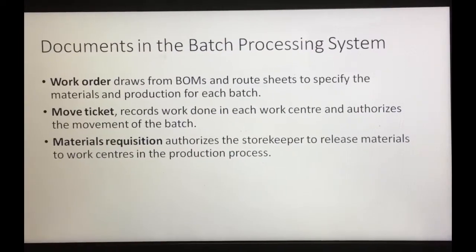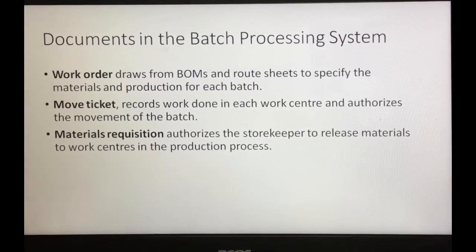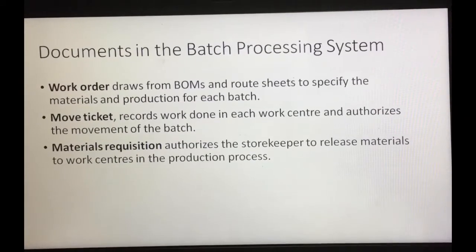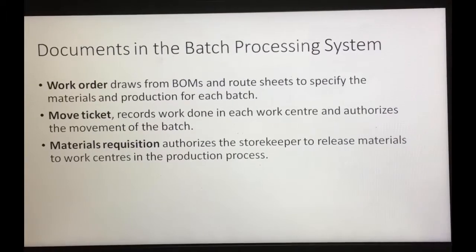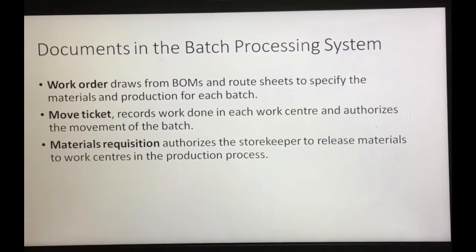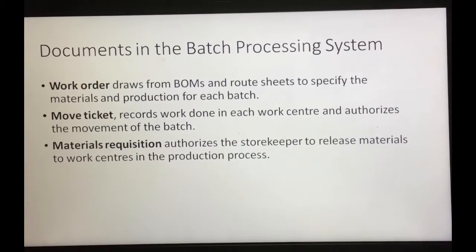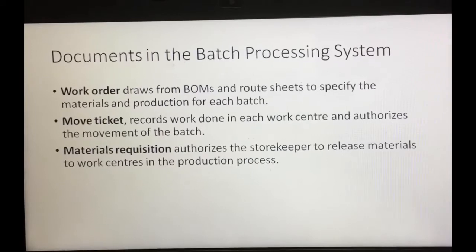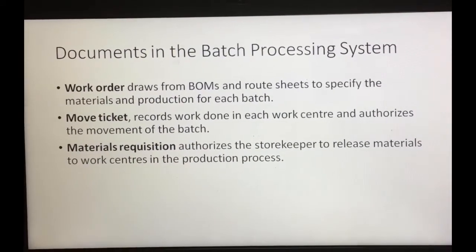The fifth document is move ticket. Move ticket records work done in each work center and authorizes the movement of the batch from one work center to the next. The next document is materials requisition. Materials requisition authorizes the storekeeper to release materials to work centers in the production process.